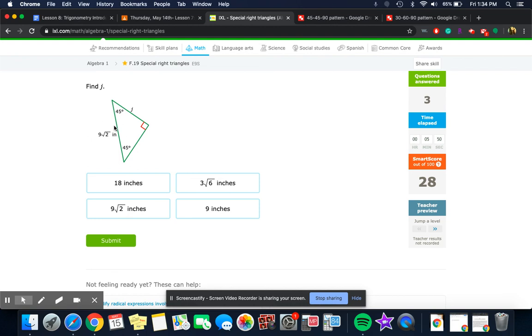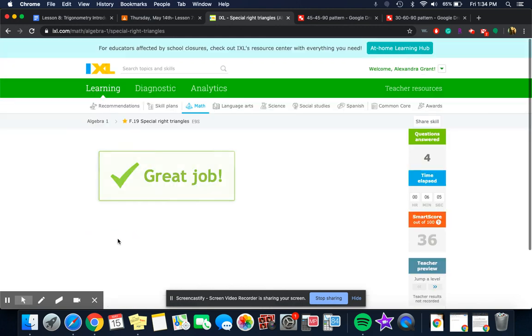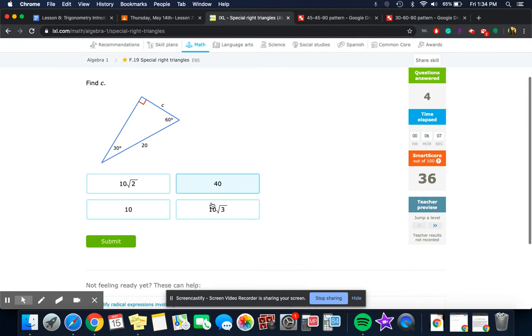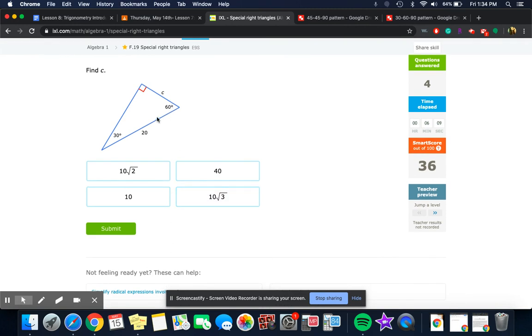45, 45, 90 has a square root of 2 relationship. I'm going from the hypotenuse to a leg, so I need to divide by a square root of 2. They cancel each other out. My leg would be 9. In this problem, I have the hypotenuse because it's across from the 90-degree angle.